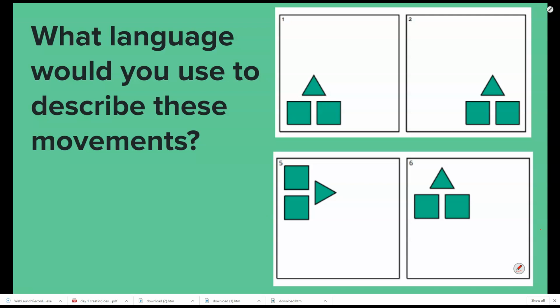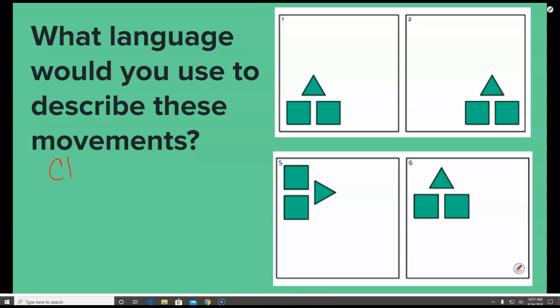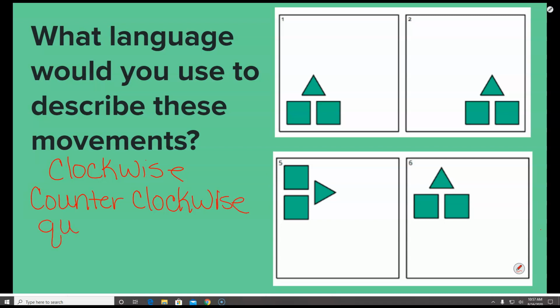Okay, what language do we use to describe the moves? Remember our language that we used? The main words you really need to remember are clockwise, counterclockwise, quarter, rotation. Oh, that's an A. Let me write that better for you.